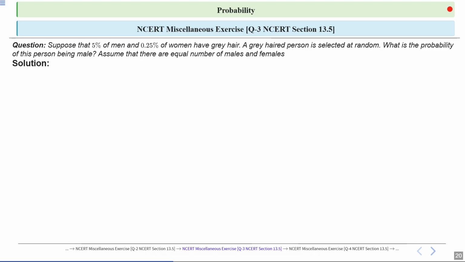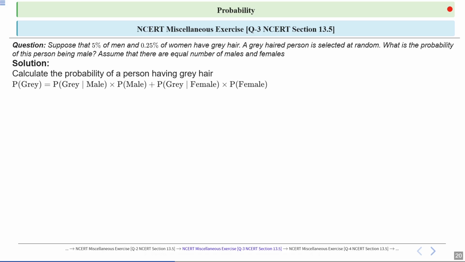So let's start the solution step by step. To calculate the probability of a person having grey hair, you divide the number of people with grey hair by the total number of people in the group. So probability of grey hair equals probability of grey given that male times probability of male, plus probability of grey hair given that female times probability of female.